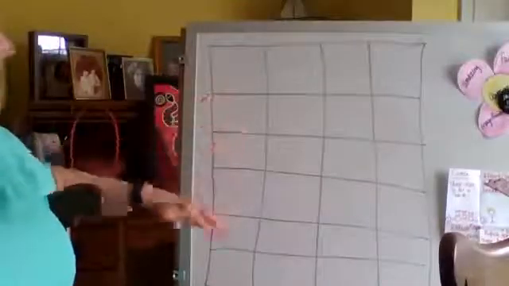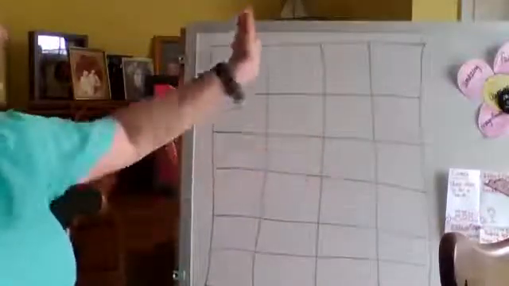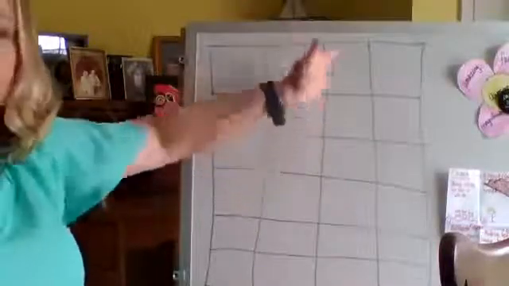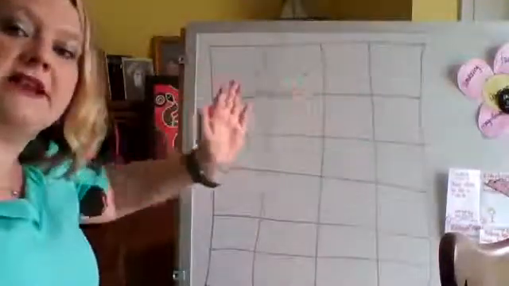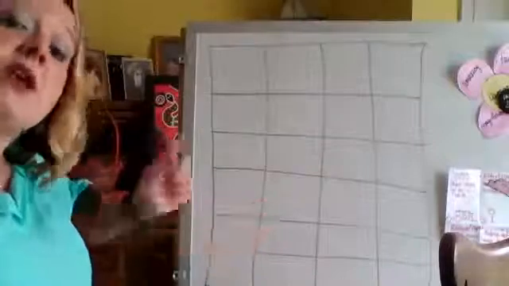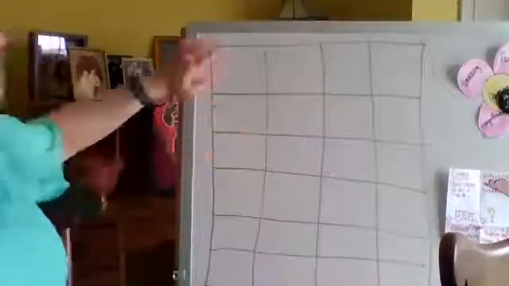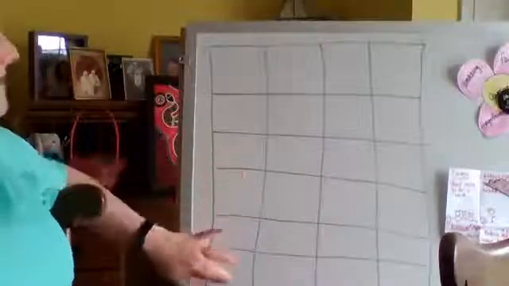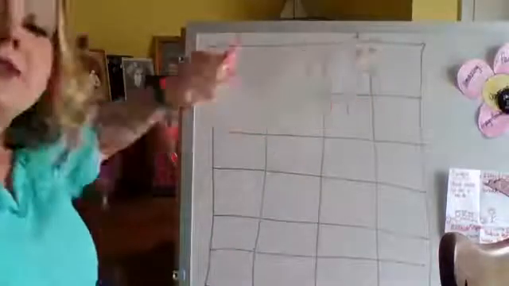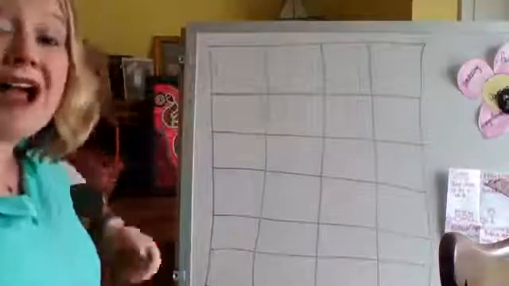So I drew 5 lines to separate them. And then I drew 3 vertical lines to separate it vertically also. When I did that, I ended up with 1, 2, 3, 4, 5, 6. 1, 2, 3, 4. 6 times 4 is 24 boxes.